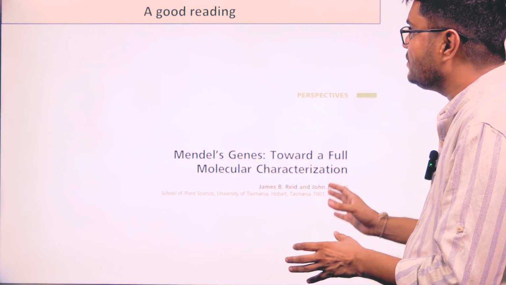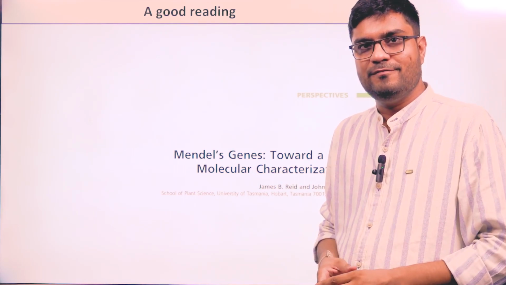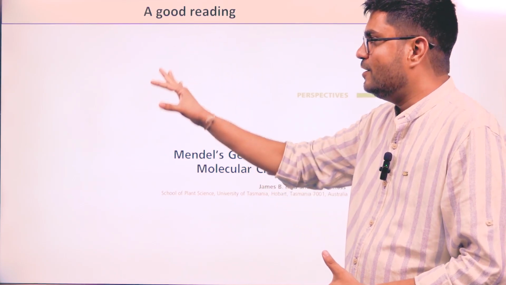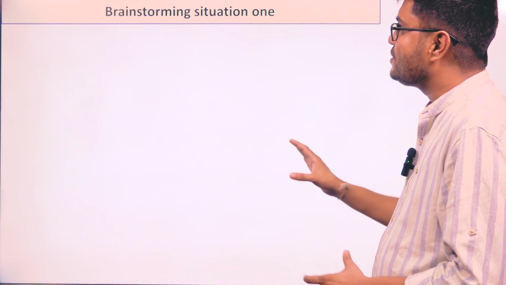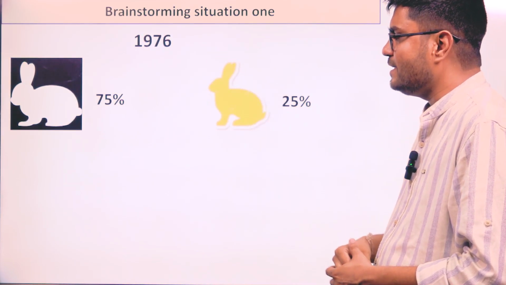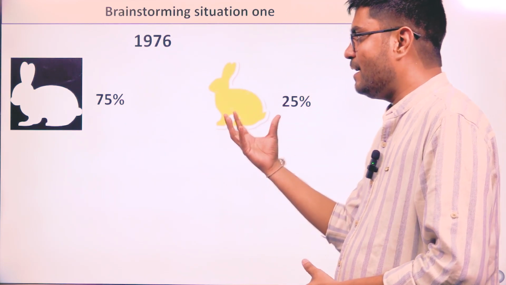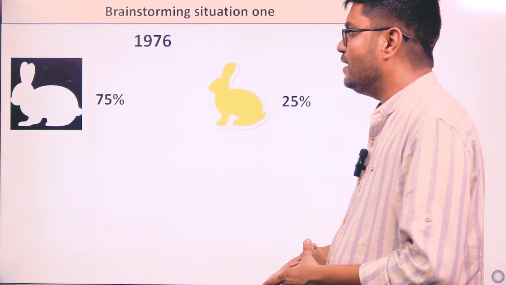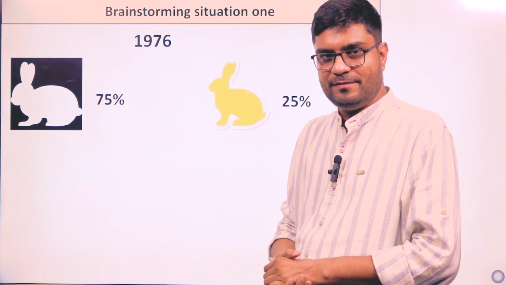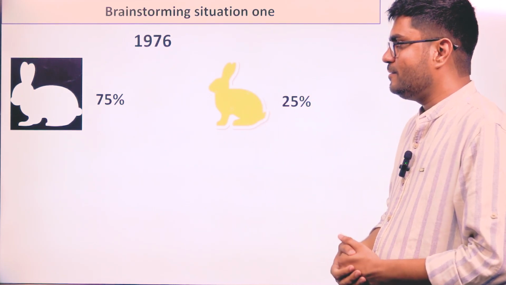Before concluding the lecture, I am going to give you two scenarios where you have to apply your brain by utilizing what we have learned today. The first brainstorming situation is: in 1976, my grandfather was doing one experiment with rabbit skin color, where he was getting 75% rabbits with white skin color and 25% rabbits with yellow skin color.